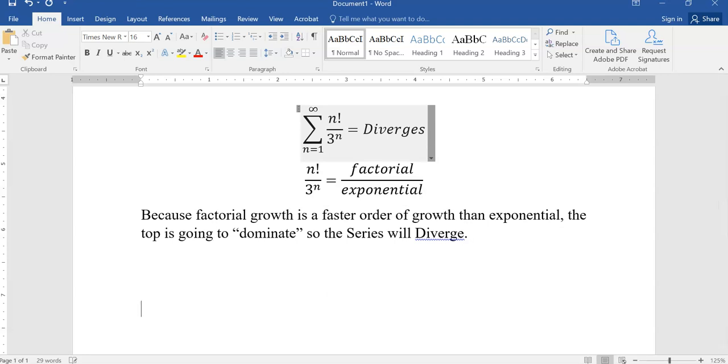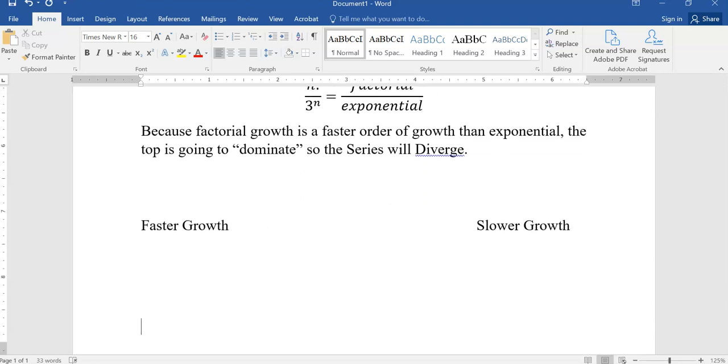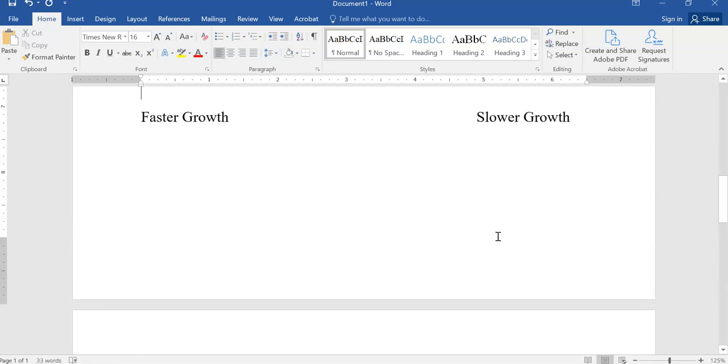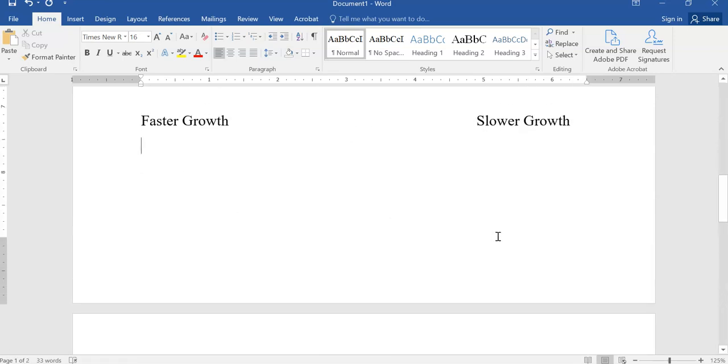So now it's a good time, by the way, to remind you of that faster growth versus slower growth thing that we did earlier. Faster growth stuff that we looked at was things like n factorial.